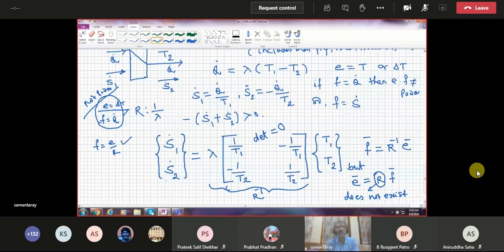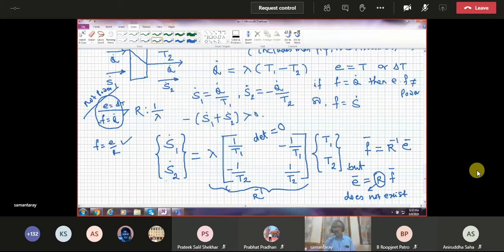After the solution, we do a descaling and come back to the actual solution. So it's possible, but for your course, we will always use entropy flow rate as the flow variable. We will always stick to it that effort into flow is power. So this is again some kind of a model.